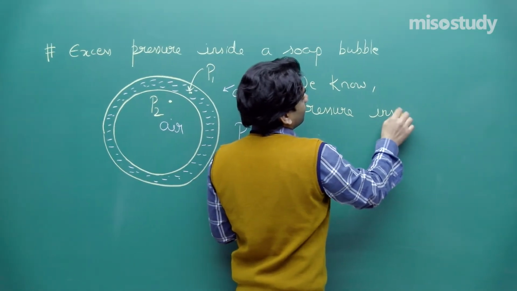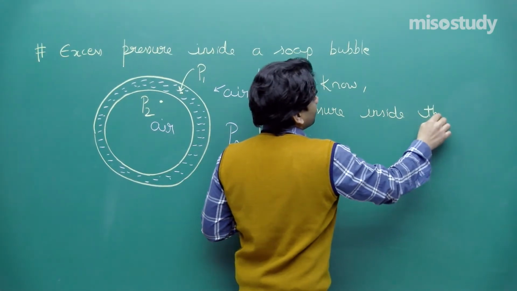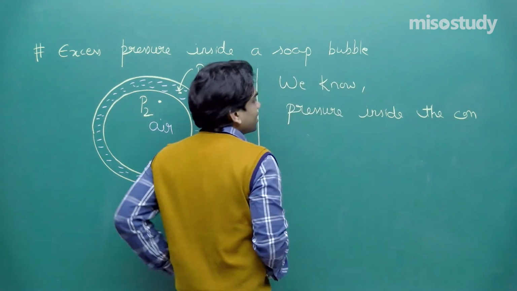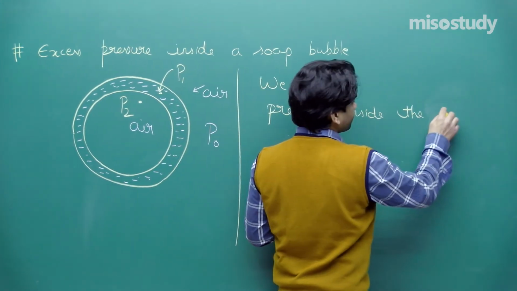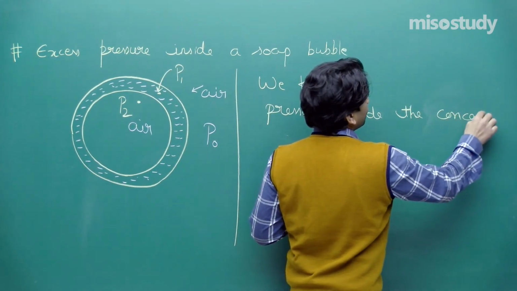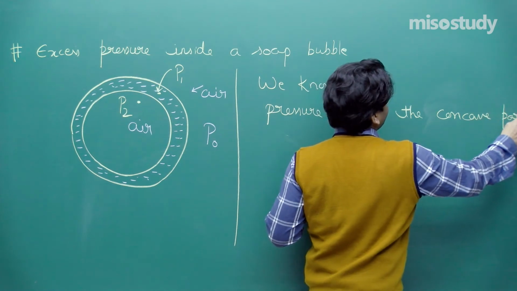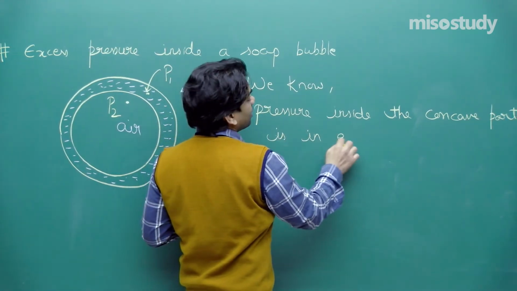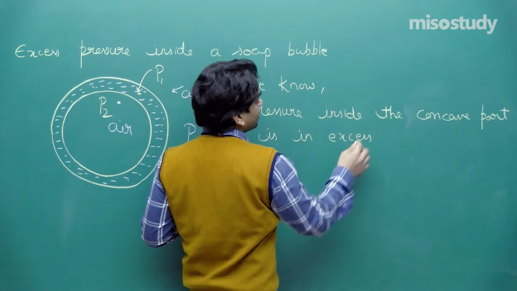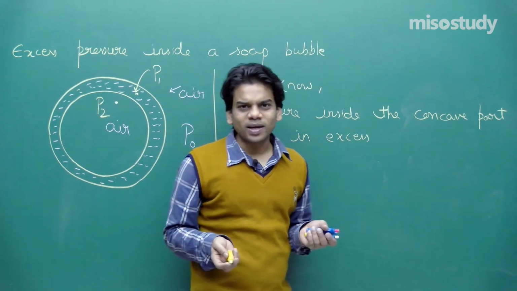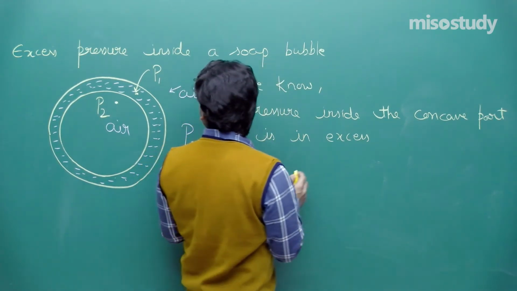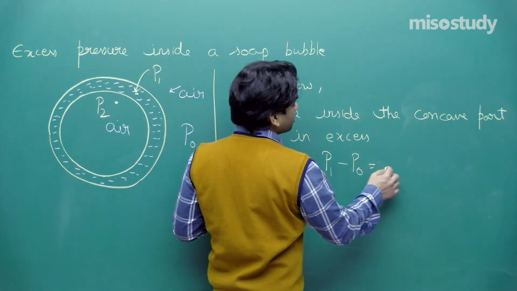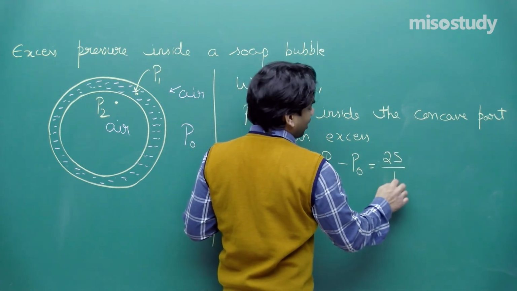We all know that. And this excess amount of pressure exceeds by an amount 2s by r. This is what we know. So we can write P1 minus P0 is equal to 2s by r.